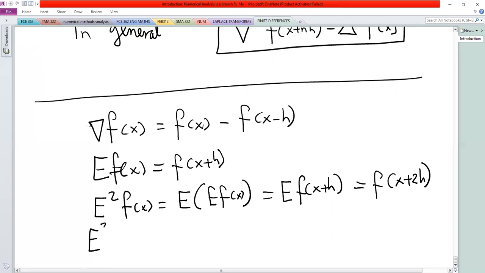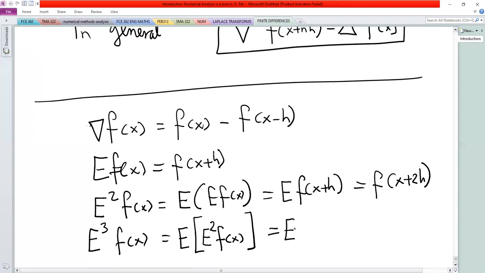And then third shift of f of x is you apply shift to the second shift of the function f of x, which is the same thing as applying shift to the value of the second shift, which is f of x plus 2h. And so the next step from x plus 2h is x plus 3h.